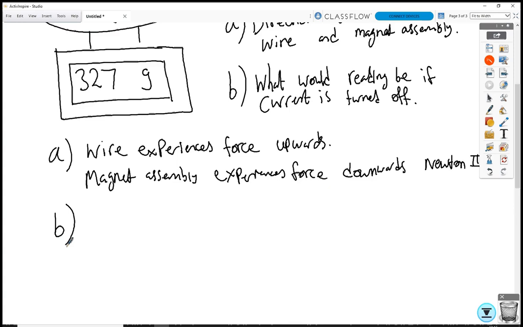So let's put it in terms of forces. The force on the balance is equal to the weight of the magnet plus the force due to the magnetic field.